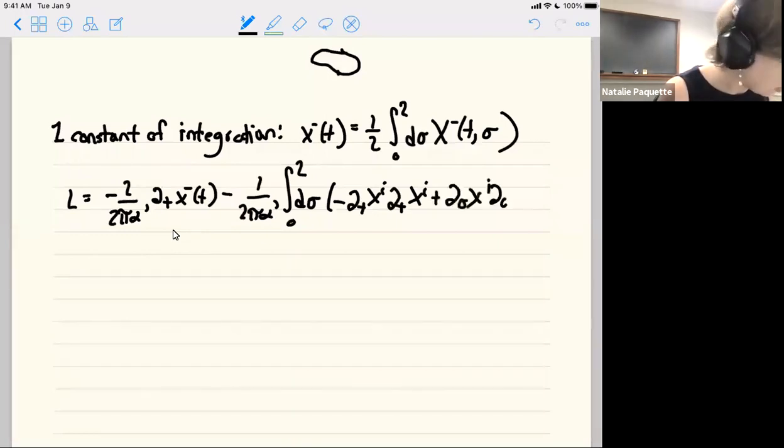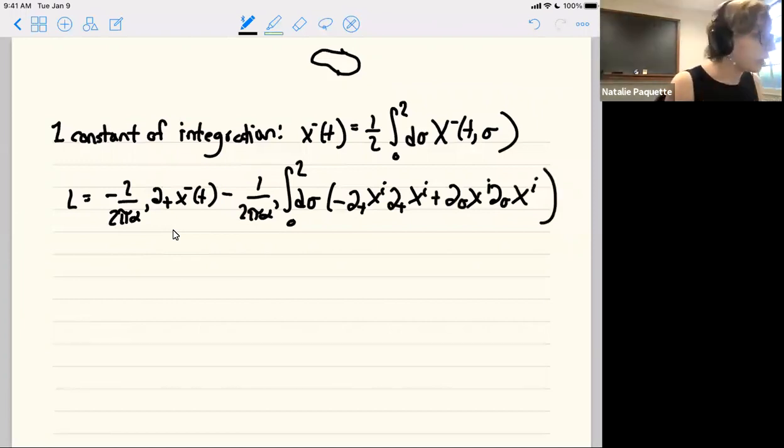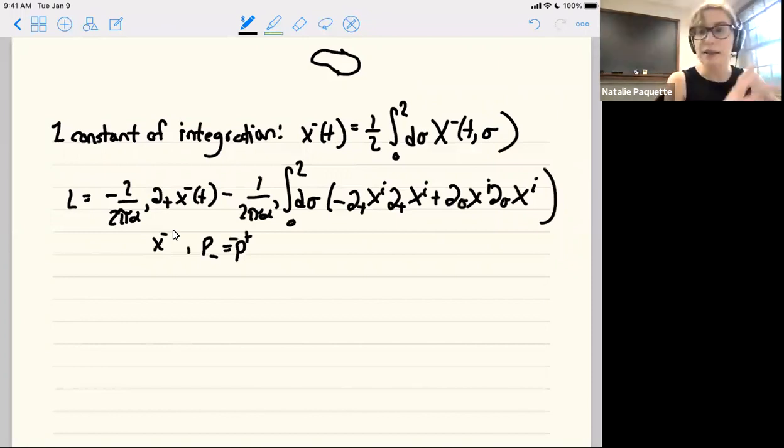Nothing very exotic. And you can then take your degrees of freedom, little x minus and the capital Xi's, and compute their canonical momenta. The canonical momentum of x minus is p minus, which is equal to minus p plus with an upper index, because the light cone metric has components like this.